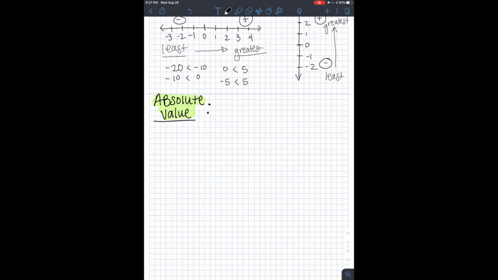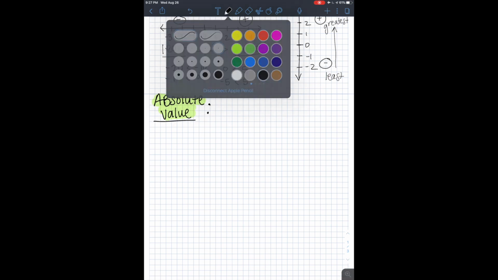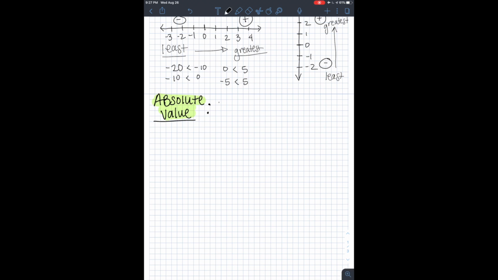The absolute value, when we're talking about number lines, means the distance a number is away from 0. So the distance between a number and 0 on a number line.